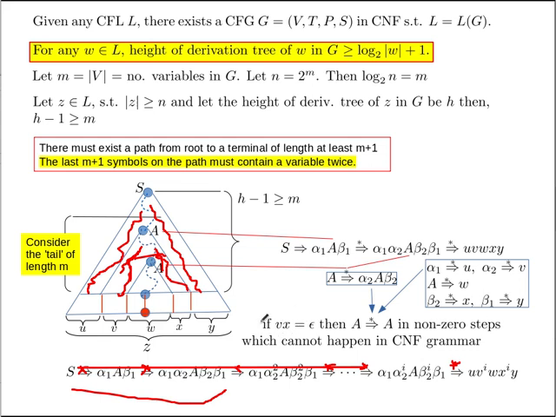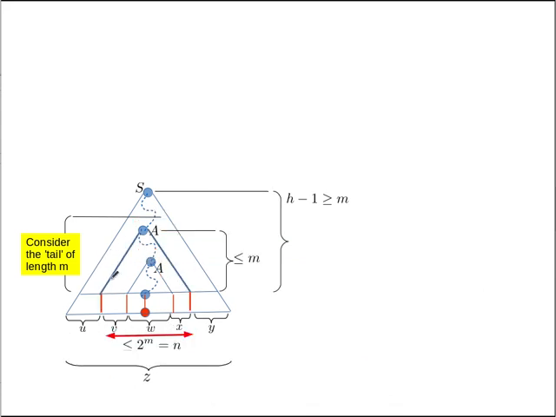The only remaining part of this pumping lemma is that we need to show that the length of this part v w x, from here to here, should be at most n. For that you just see that we consider up to this length m starting from the bottom. We considered up to this length m, and within that we were guaranteed to have this repetition of a's.